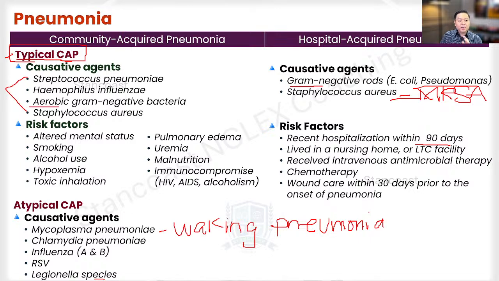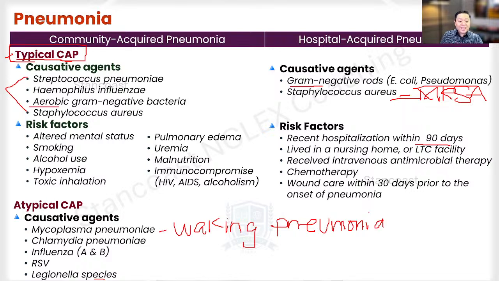So guys, I hope that you're able to understand the different mechanisms of how they're going to have either hospital-acquired pneumonia or community-acquired pneumonia. It is very important for you to understand the different types and their causative agents, in order for us to really plan the care, and also so that we can prevent this from occurring in our next patient.